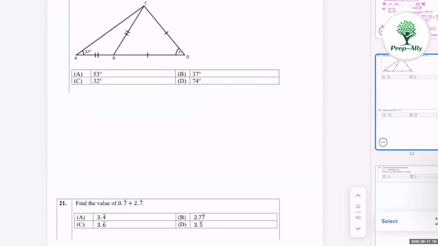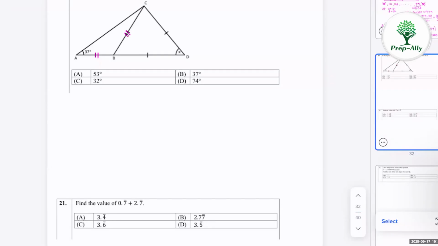So let's look at this question. Question number 20. So here we have these two sides equal.